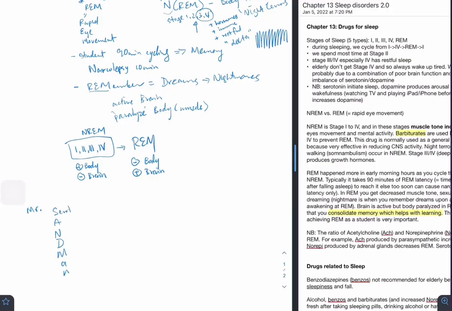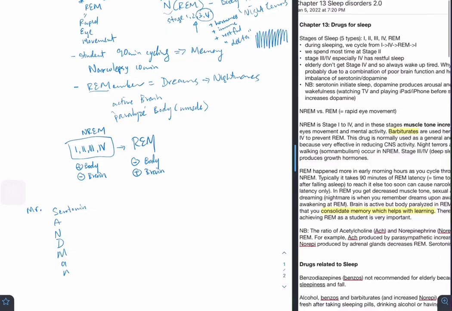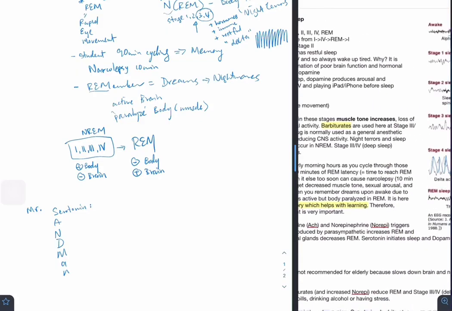So S is for serotonin. Serotonin is the initiator of sleep. To initiate the sleeping process, usually the body requires a higher circulating serotonin. A is actually acetylcholine.